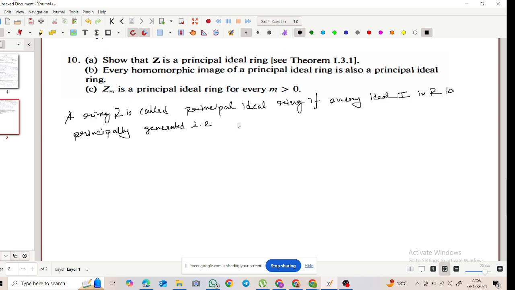That is, I is of this form. Okay, so I is generated by a single element a, for some a belongs to R.